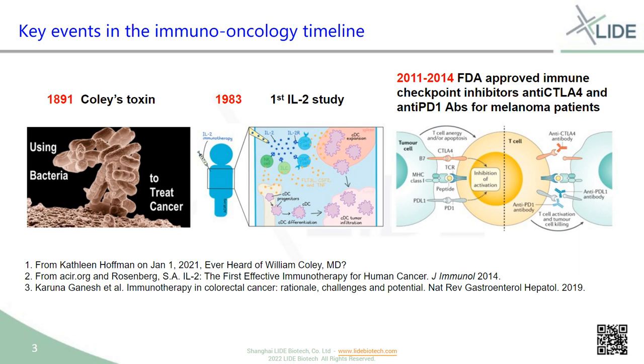Then, nearly a century later, Steven Rosenberg, another US surgeon, found that interleukin-2 treatment can successfully boost the host immune system and suppress cancer development in some advanced melanoma patients. However, due to the high toxicity of systemic IL-2 treatment, such as capillary leak syndrome, the use of interleukin-2 was also limited in the clinic.